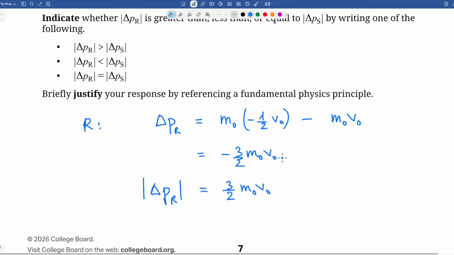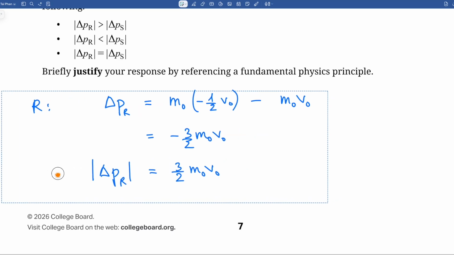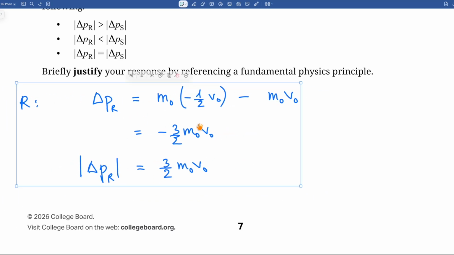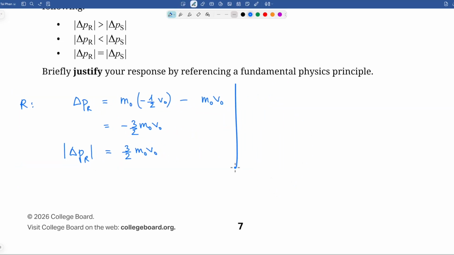Okay. Similarly for S, let me move everything to the left and reduce the size so that I have more space to write the solution. For S, we have delta PS: the final momentum is 3m, the mass, times 1/2 v0, and the initial momentum is 0, since it was stationary.